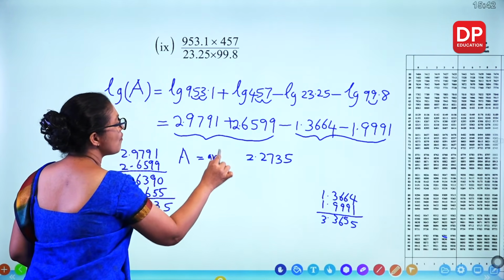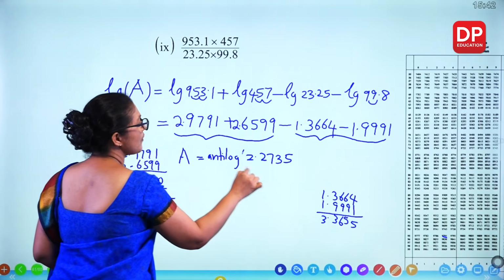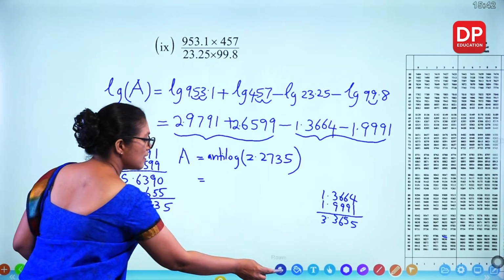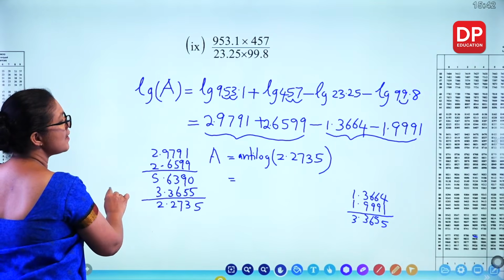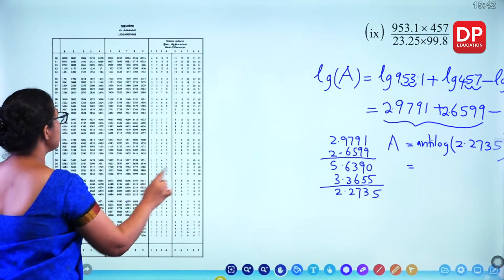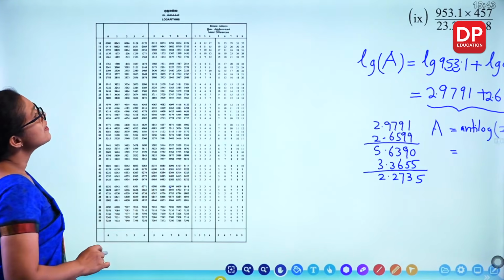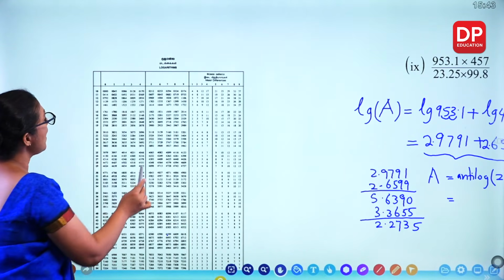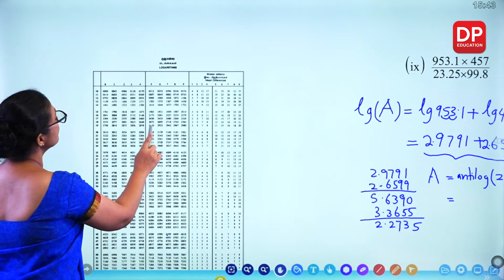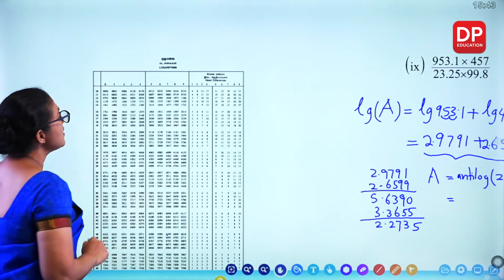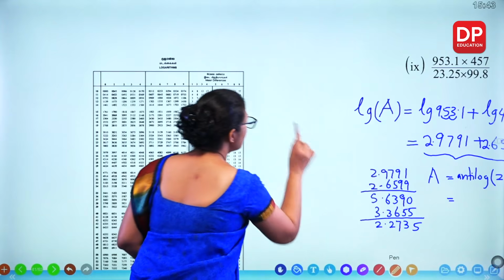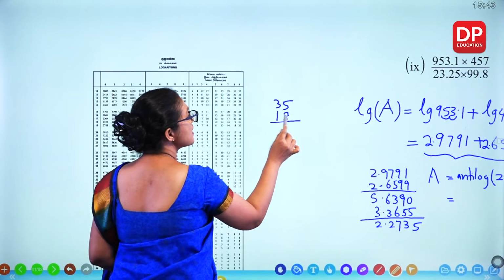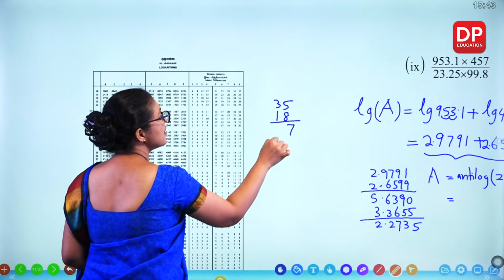So the antilog of this number, we'll look at table 1, 27, 35. 27, 18 is there. So 18 is there, we need 35. When you subtract, you get 17.